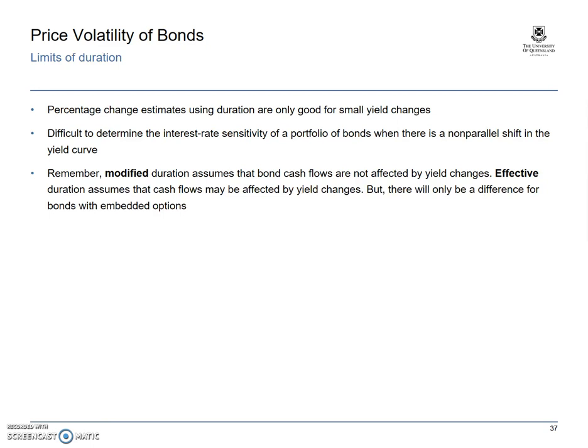It is quite difficult to determine the interest rate sensitivity of a bond portfolio, particularly when there are changes in the bond yield. Another caution with using duration and convexity: in this course we're simply looking at bonds where the cash flows are not affected by changes in yield. If the coupon payments are affected by changes in the yield, then we need to use effective duration, which we're not covering in this course.